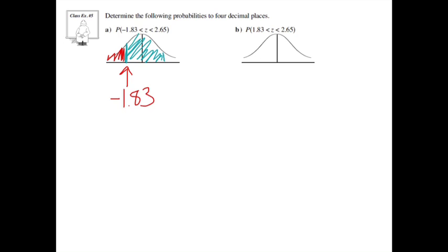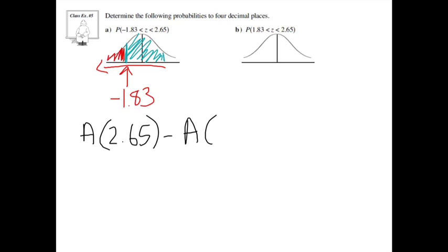We don't really want that area, so we're going to subtract that from the area that we find for 2.65. So what we're going to have is the area of 2.65 minus the area for negative 1.83.